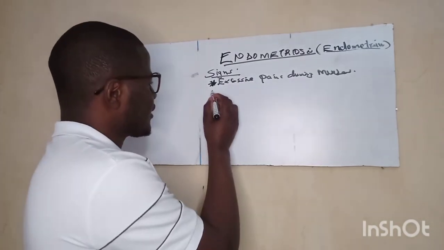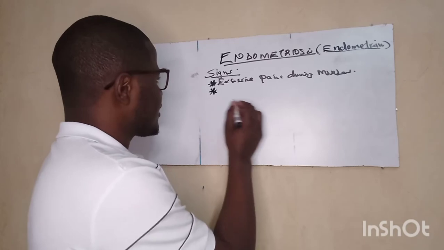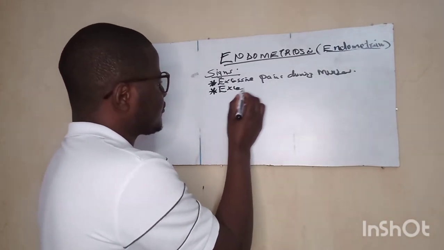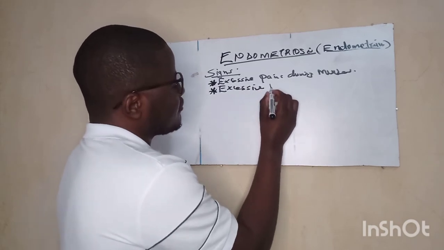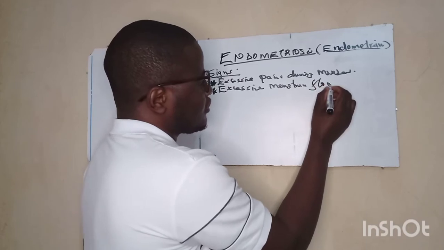Another second sign that we have in endometriosis is whereby you have excessive menstrual flow or bleeding.